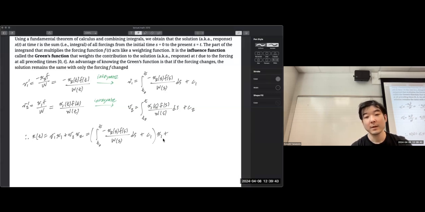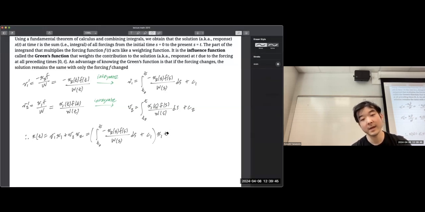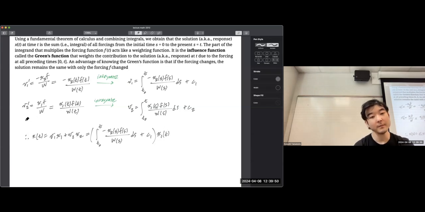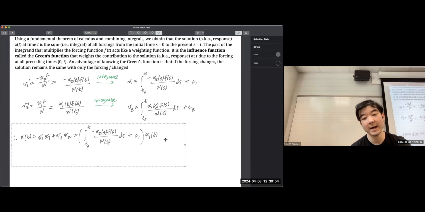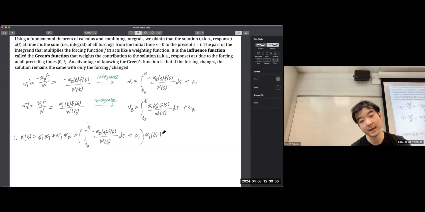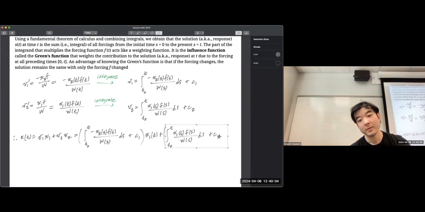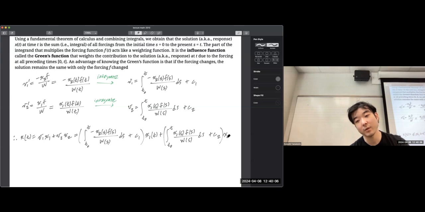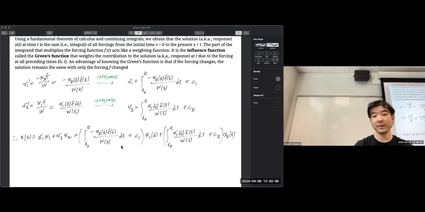Plus, and I'll make it very clear here that x1 is a function of t. It's your first homogeneous solution. And then you're going to add to this, your v2 is this entire integral expression, plus c2 times the x2, which is also a function of t.